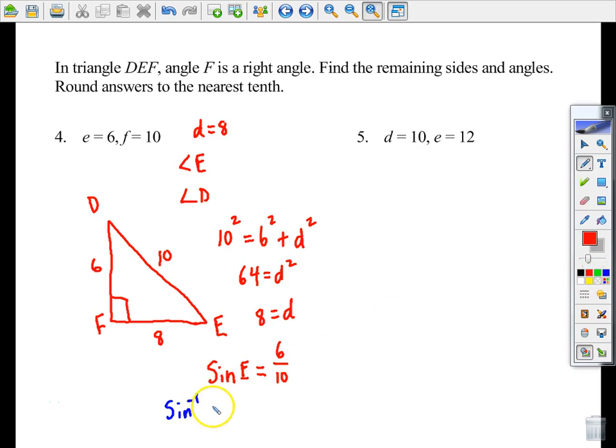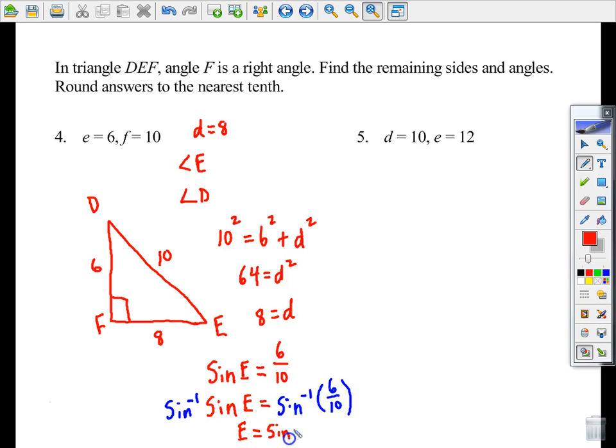Just to show you how I'm getting this answer, this is technically what's happening. Now I'll use some color to emphasize. It's like undoing the sine of E with the inverse of sine. The result, E, will be found by doing this in my calculator.